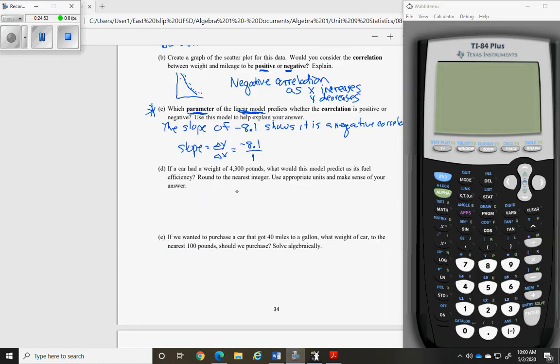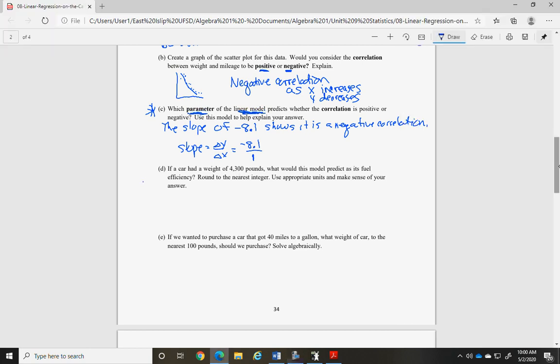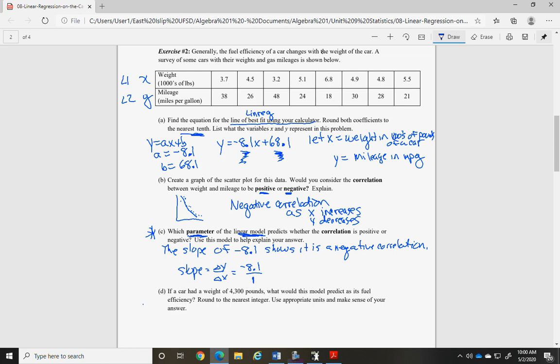So this really is just using our calculator, but being very careful with the numbers that they're giving us. So if a car had a weight of 4,300 pounds, now remember what the weight is. Remember, the weight is already in thousands of pounds.